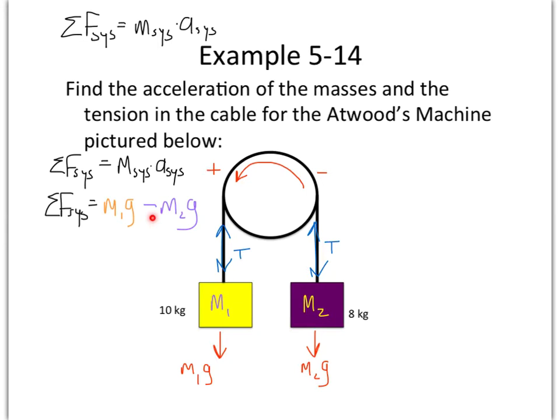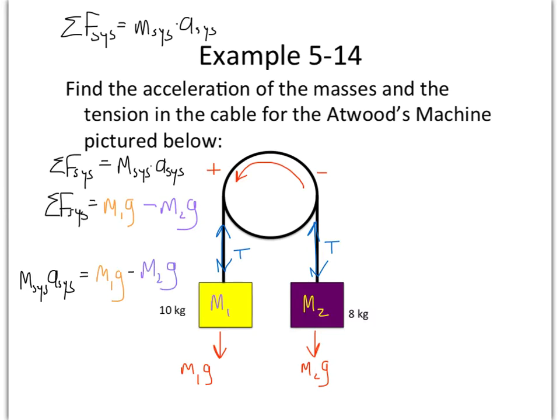Let's set these two statements equal to each other because they're both statements for net force. So we can say the mass of the system times the acceleration of the system equals m1g minus m2g, mass 2 times gravity.